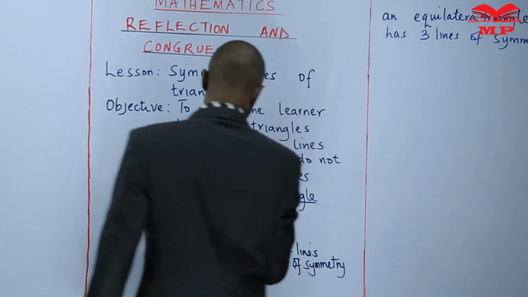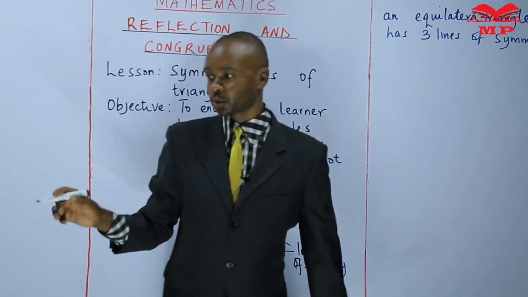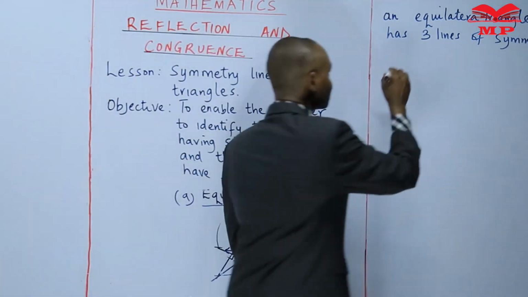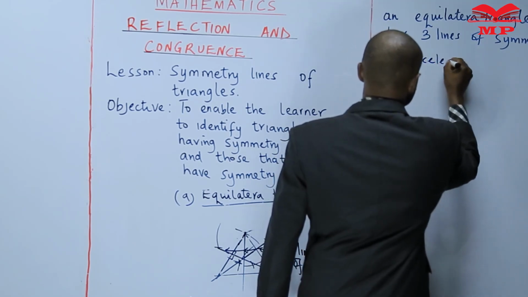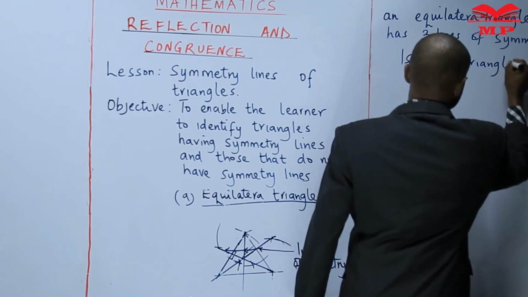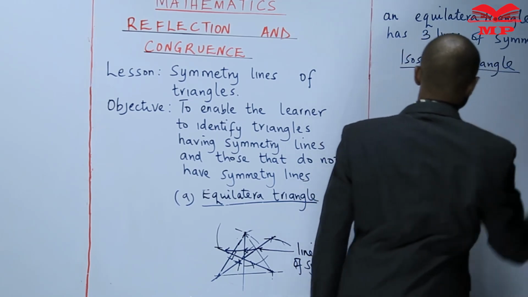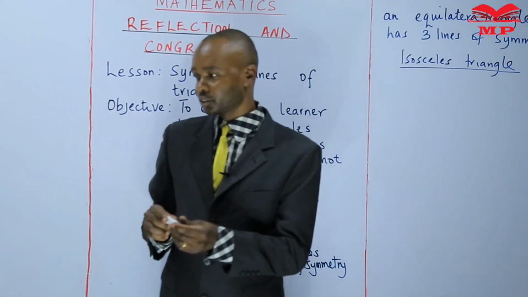That was an equilateral triangle. The other triangle I demonstrated was the isosceles triangle. And from the demonstration, it only had 1 line of symmetry.